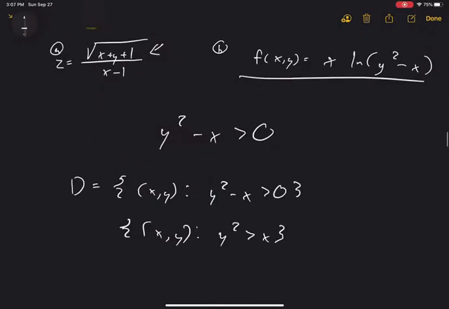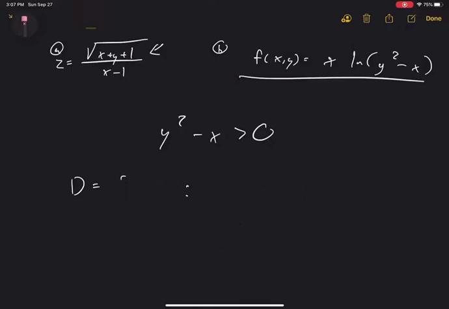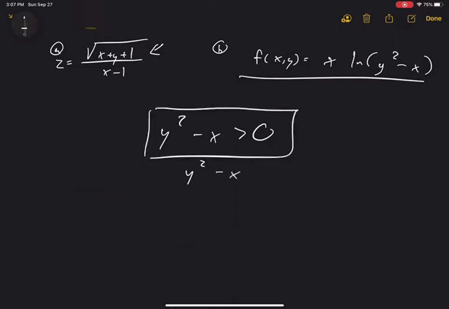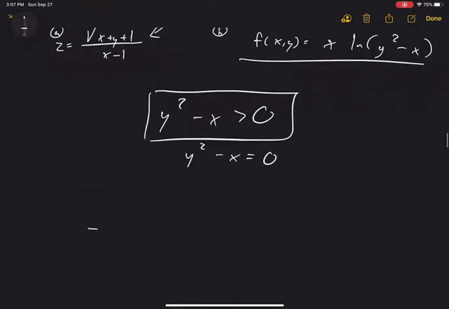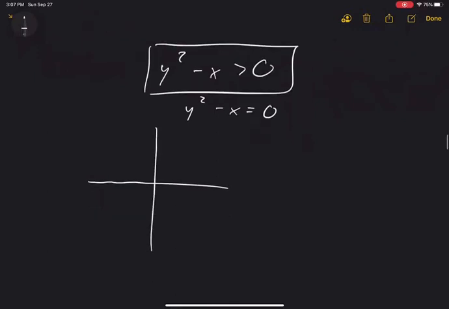Okay, so let's try that again. What you do is you look at your condition and, if it's an inequality, turn it into an equal sign. Let's pretend for a second we had y squared minus x is equal to 0. We could graph that in R2. What does that graph look like?